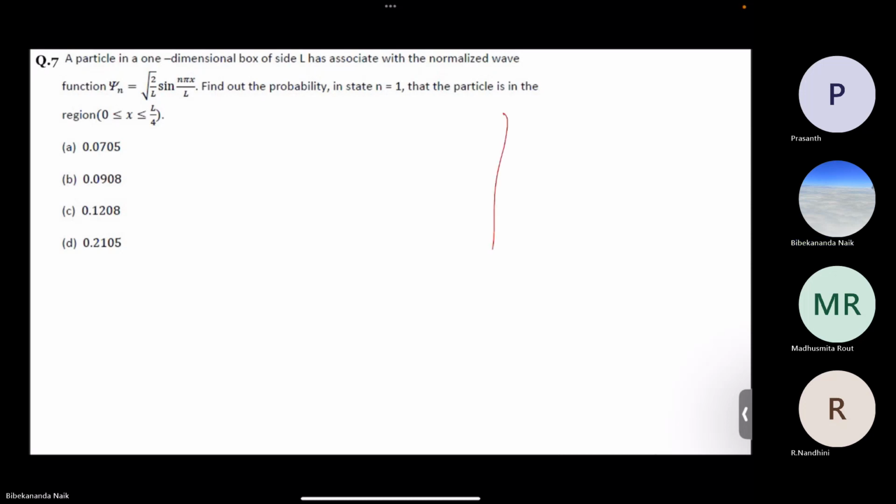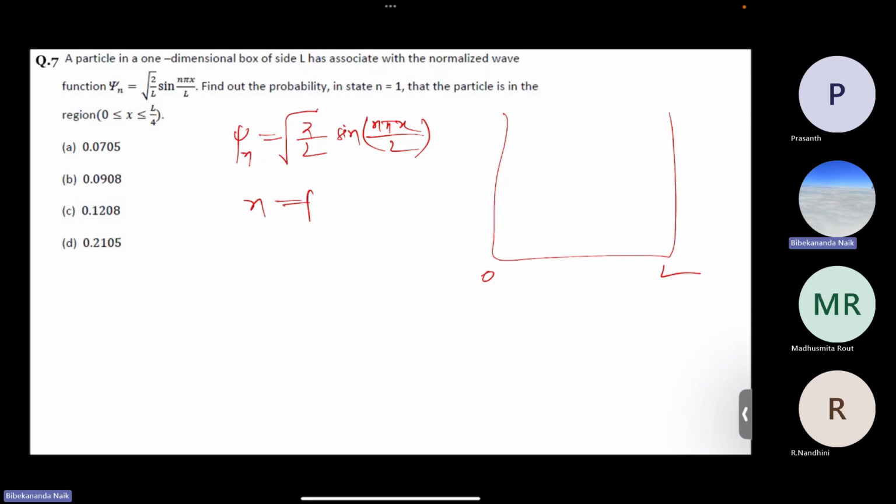So here, this is a one-dimensional box of length L. The particle is present here. The wave function of the particle is given by 2 by L sine n pi x by L. Then for state 1, that is n equal to 1, what will be the probability of finding the particle between x equals 0 to L by 4?